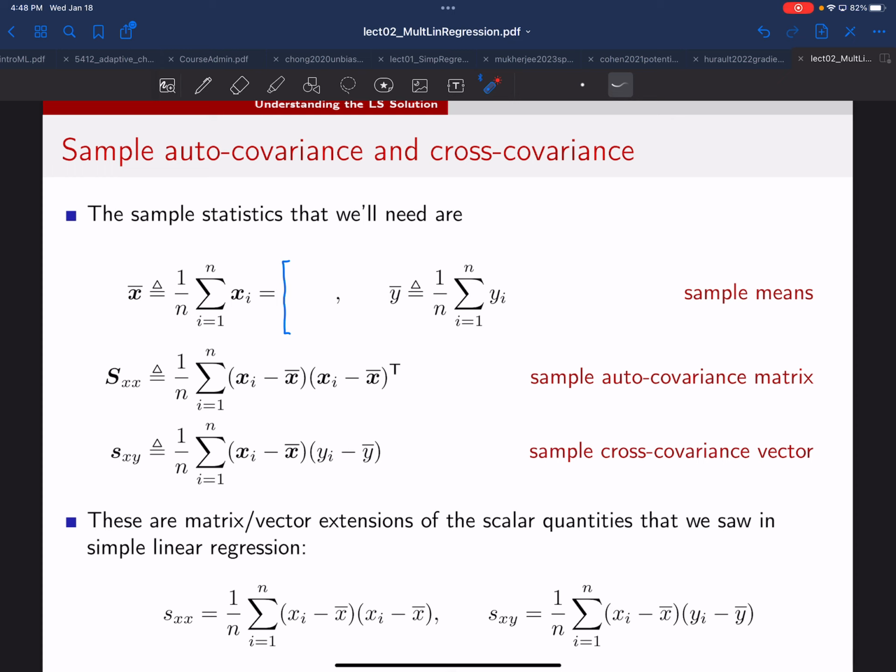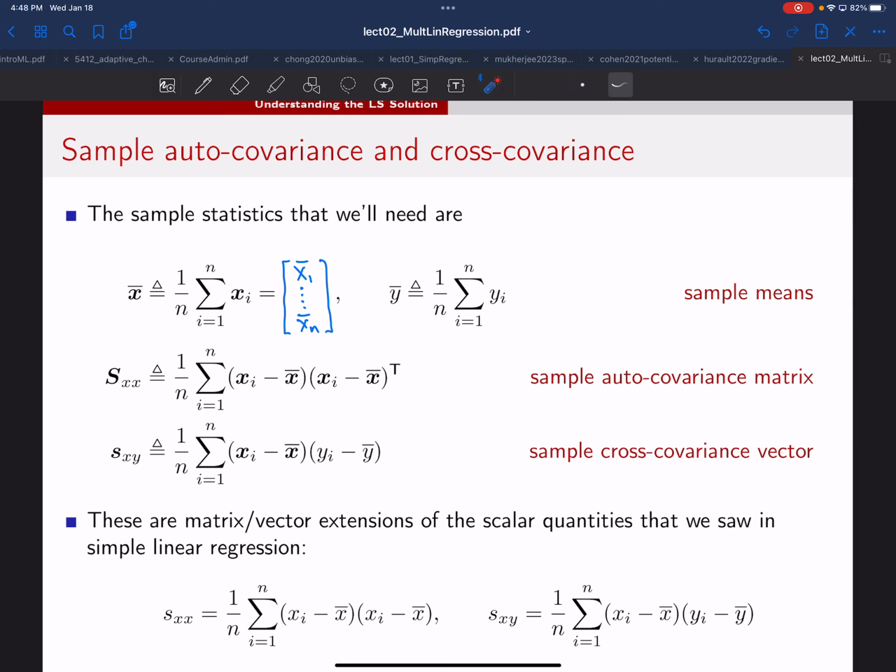You just get the sample mean of the first feature. We can call that x1 bar. That's the scalar sample mean that we saw last time. And the same thing happens with the second, all the way down to the last, x bar d. Notice that there are no underlines on these quantities. These are scalars. This is a vector.